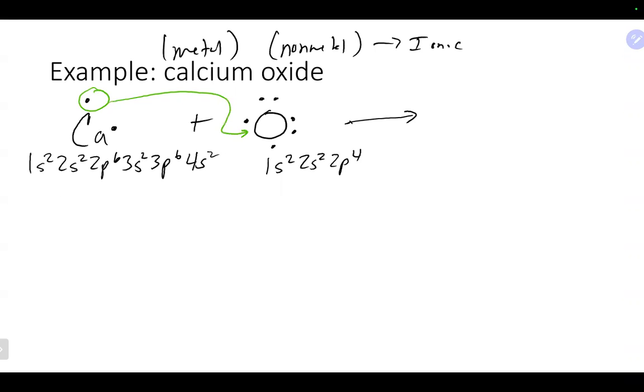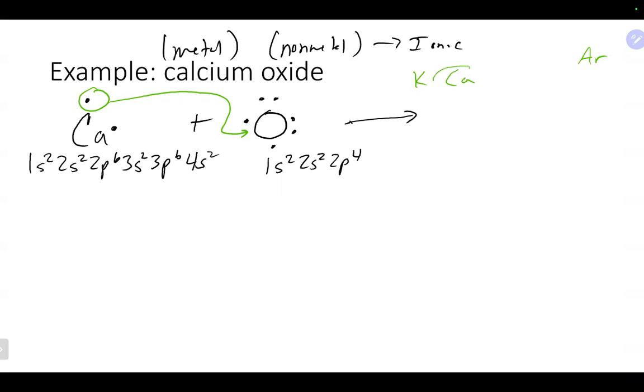Out of curiosity, if it only gave away 1 electron, calcium, would it be happy? If you look at the periodic table where calcium is, here is calcium. Right next to calcium is potassium. And in group 8, before potassium is argon.